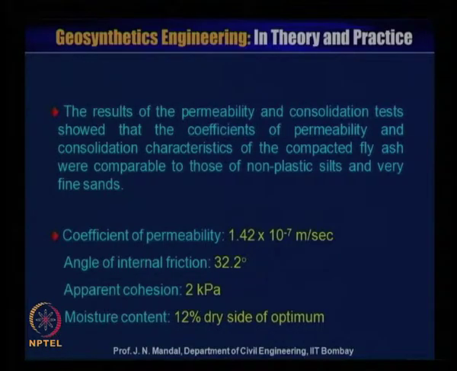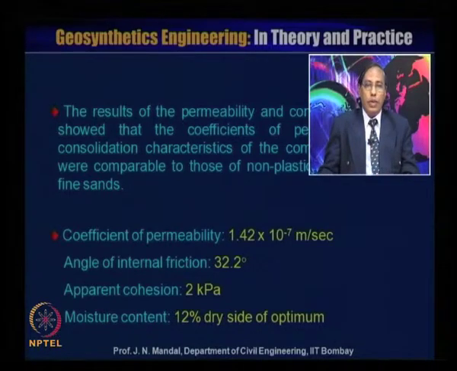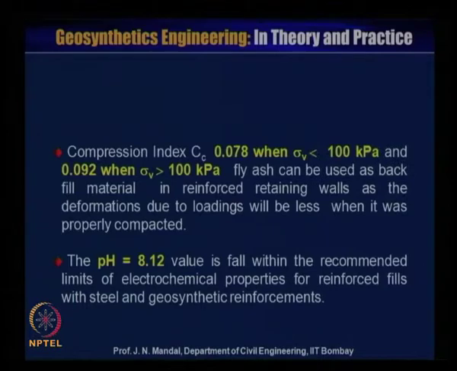We find that the coefficient of permeability is 1.42 × 10^-7 meter per second, the angle of internal friction is 32.2 degrees, the apparent cohesion is 2 kilopascal, and the moisture content is 12% on the dry side of optimum. So, you have to select the proper kind of parameter.